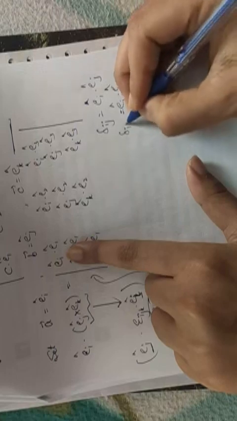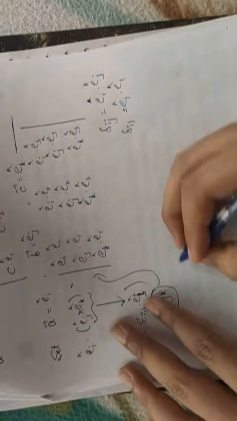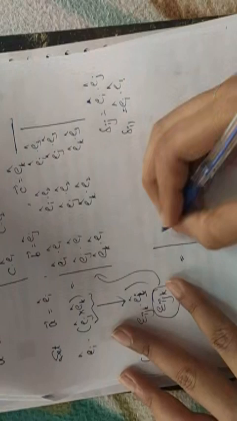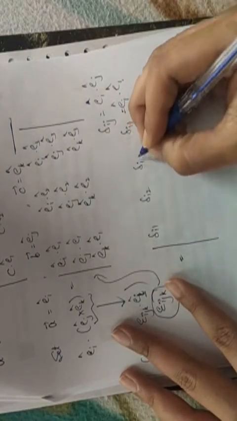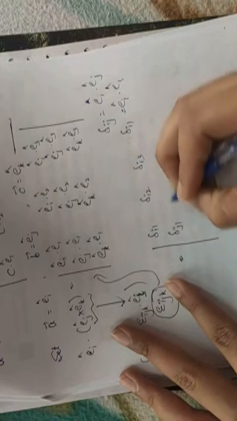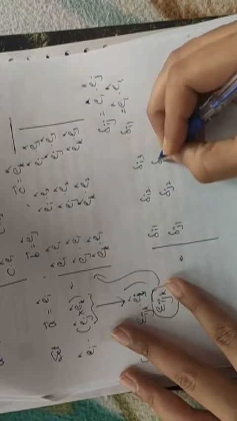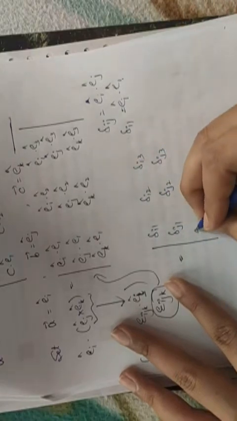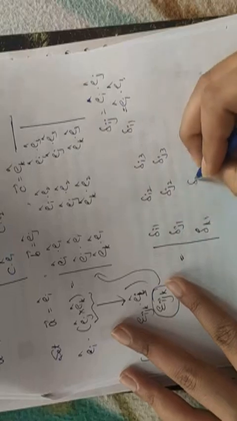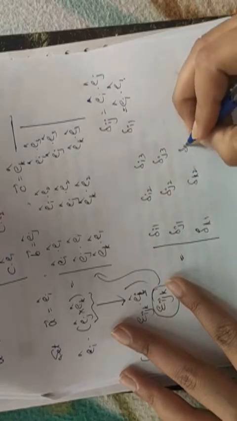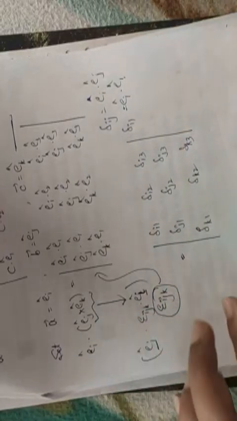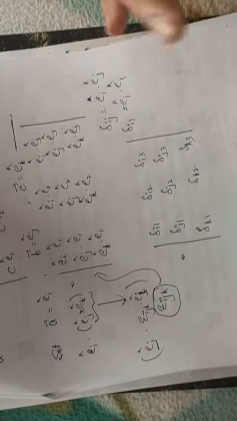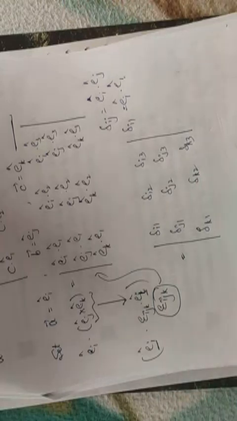So this is nothing but delta i1. Similarly, the whole thing becomes delta i1, delta i2, delta i3, delta j1, delta j2, delta j3, delta k1, delta k2, delta k3. So this is the second part we are supposed to prove. So this is how we prove the identities. Okay, so now let's move to the next problem.